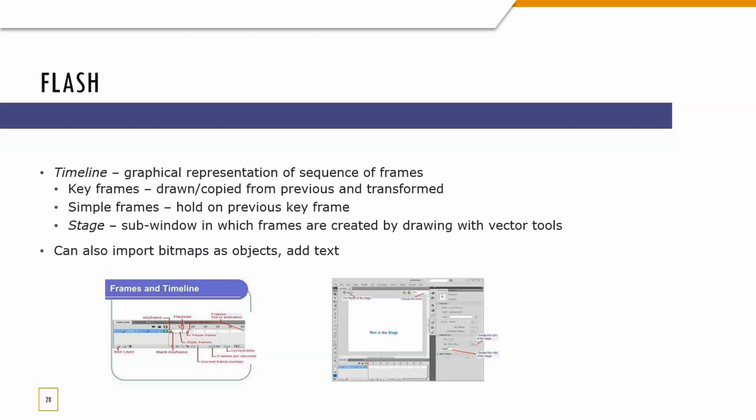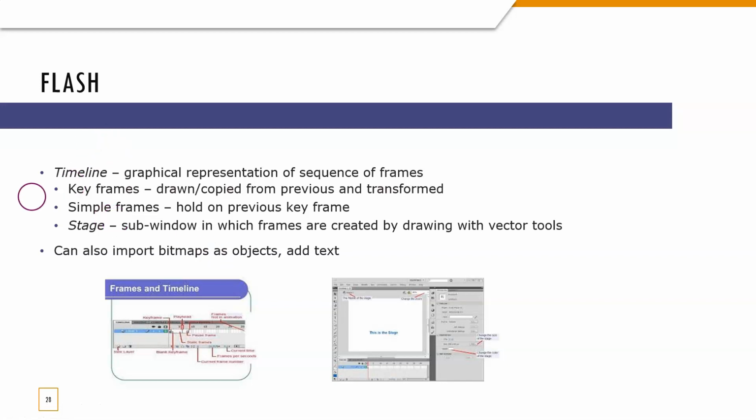Then we have the keyframe, which is a concept from the traditional method. We also apply it in computer software, where you draw from the previous frame and transform it. You will learn this in the tutorial session, where it is very interesting to create your own animation.